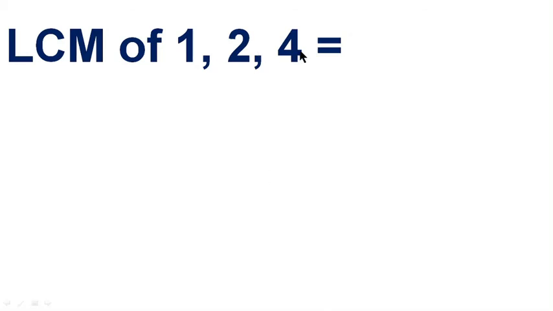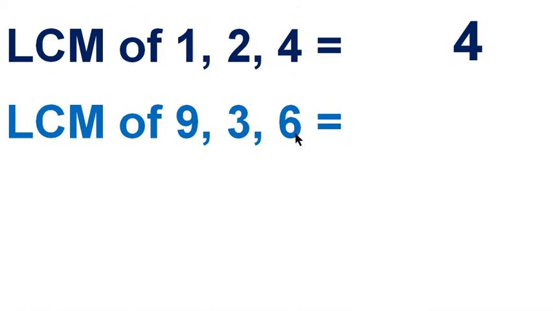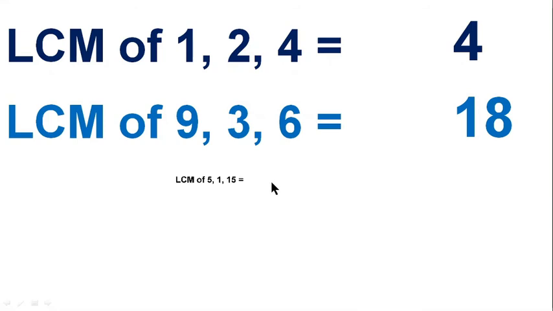Next 1, 2 and 3, 1, 2 and 4, these are 3 digits, no matter, it's also very easy. What is the greater one? Here greater one is 4, and 4 is also divisible by 2, divisible by 1, so 4 is here LCM. 9, 3 and 6, greater one is 9, and 9 is divisible by 3 but not divisible by 6, so we will make it double, it will be 18, and 18 is divisible by 3 and divisible by 6, so 18 is here LCM.